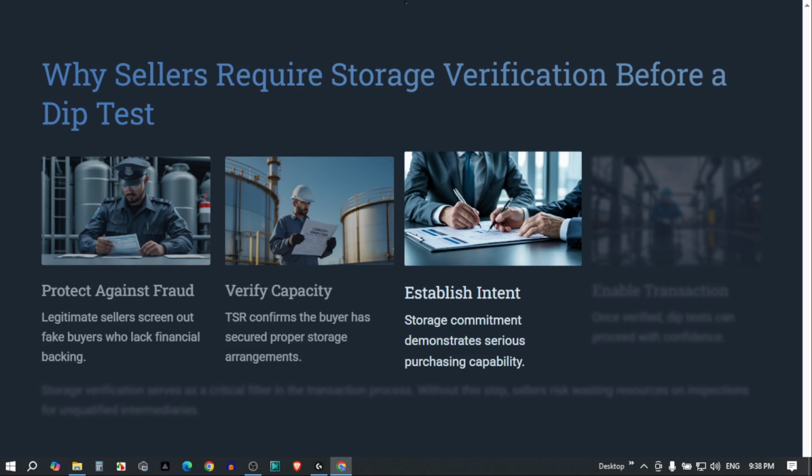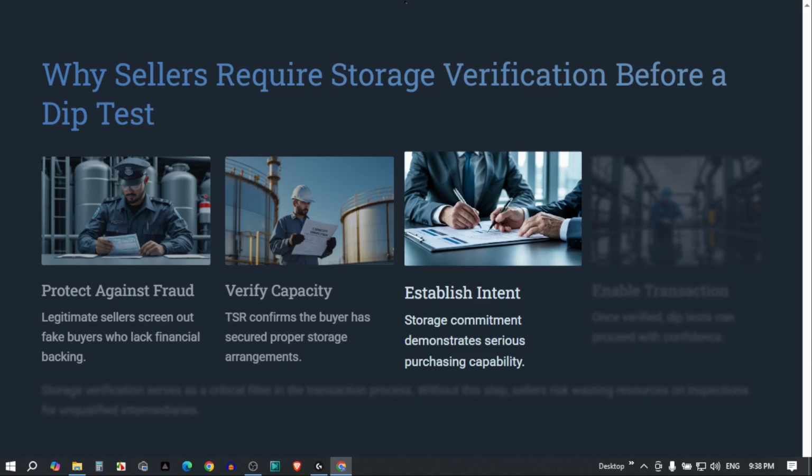When a buyer sets up proper storage facilities and gives the tank storage receipts for the verification of the seller, it shows the buyer has full capacity with financial support and backing, and true intent to get the product injected into the buyer's tanks. This shows real intent. So establishing intent is very important before starting the deal.